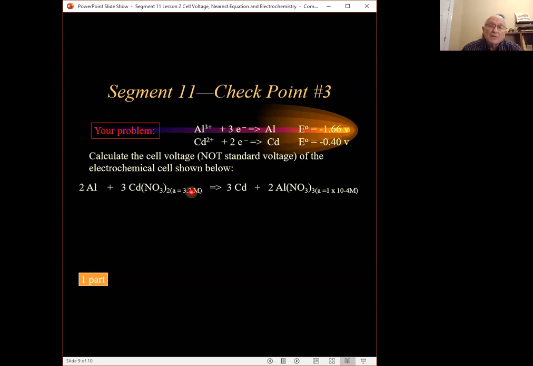So it's called activity, takes that into account. The effective concentration of cadmium ion is going to be 3.2 molar. And be careful now, the effective concentration of nitrate is going to be twice that. It's going to be 6.4 molar. There's 2 of them. Okay, so that's the difference between activity and concentration.